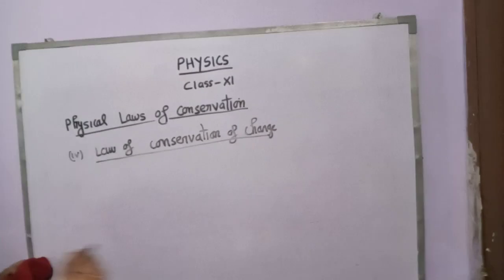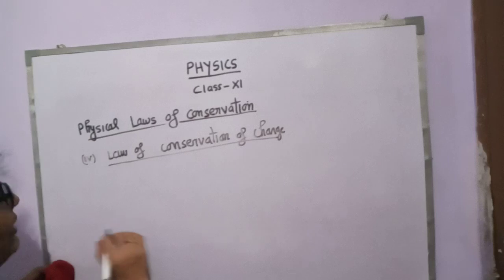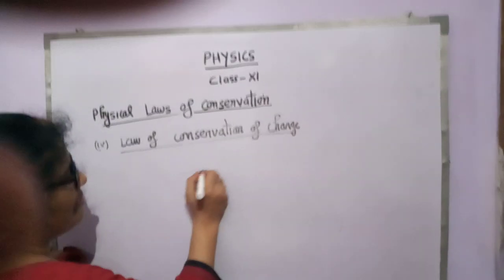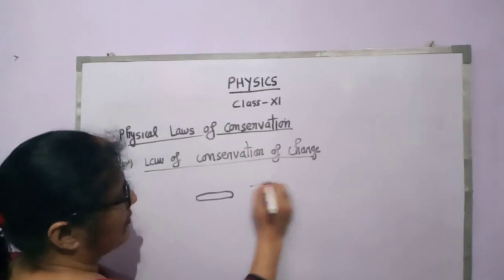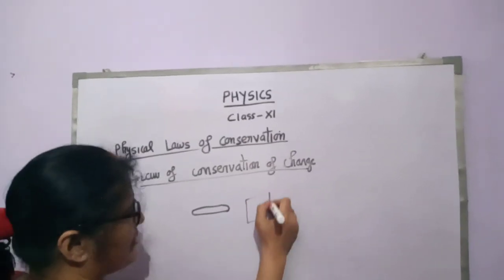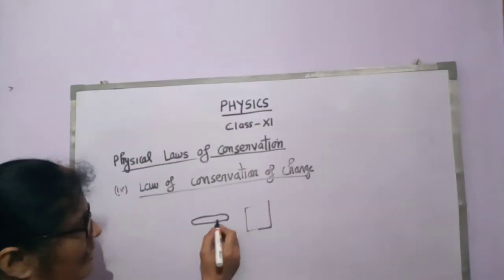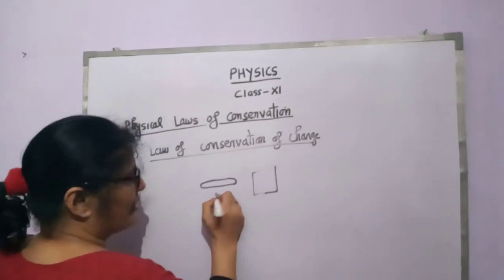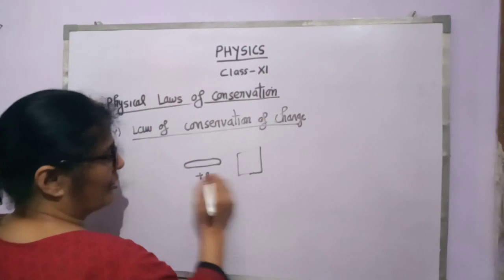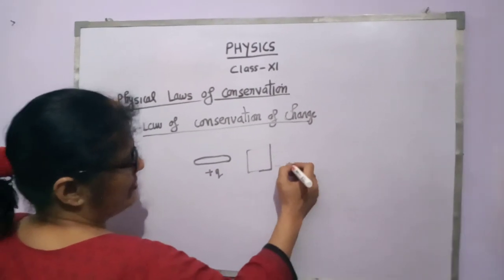In the 10th class, you have learnt that when a glass rod is rubbed with silk cloth, this is your silk cloth, this is your glass rod, then the glass rod becomes positively charged and the silk cloth becomes negatively charged.